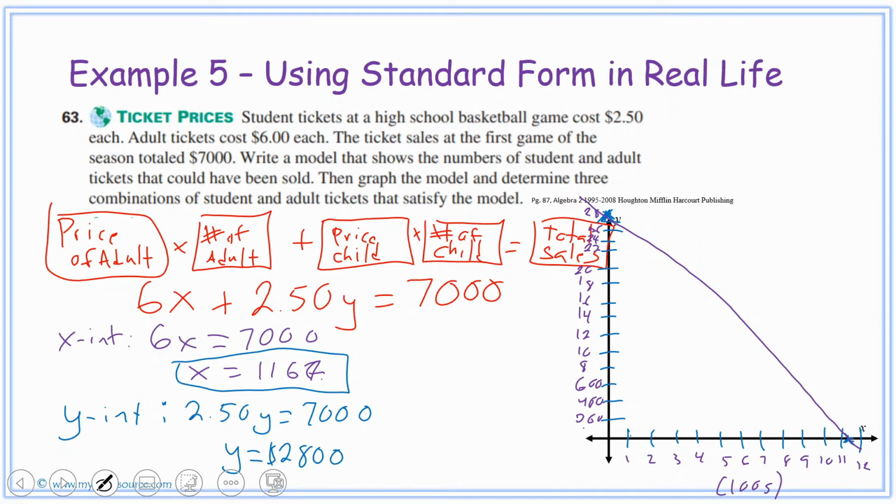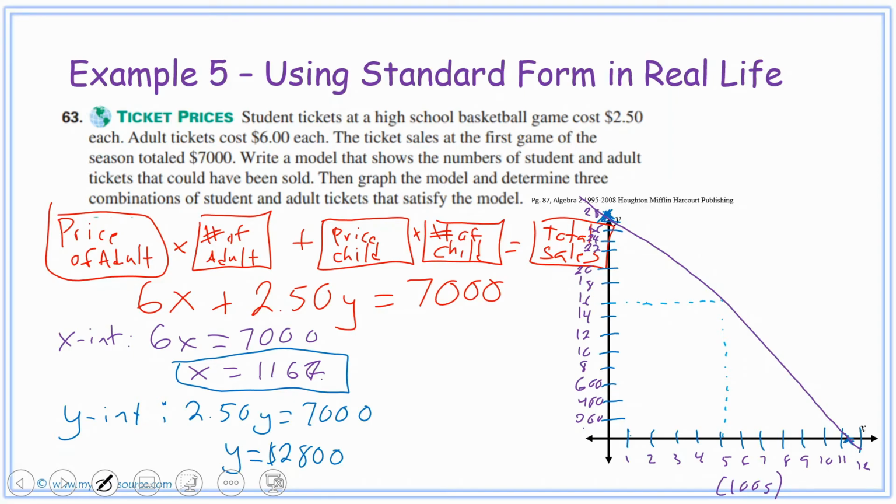That's 2,800. And the combinations they want is to say, like, let's say I chose 1,600. Then you map down to 5, which is hundreds.